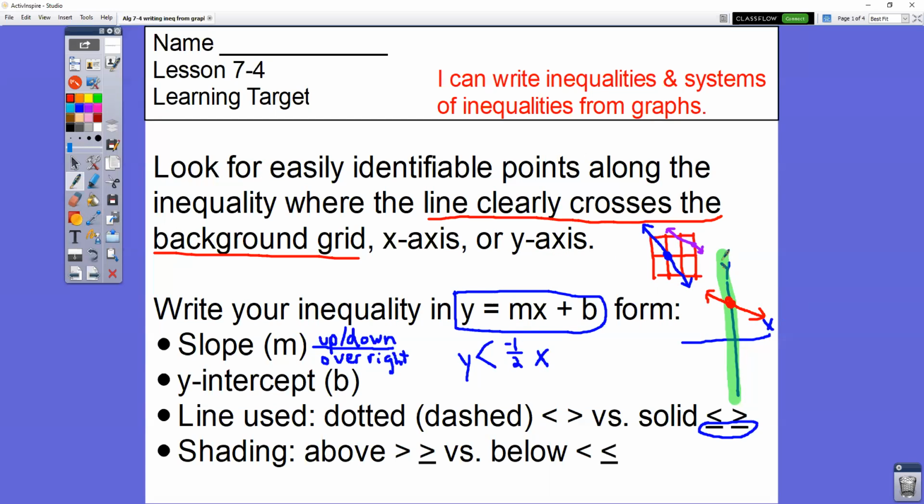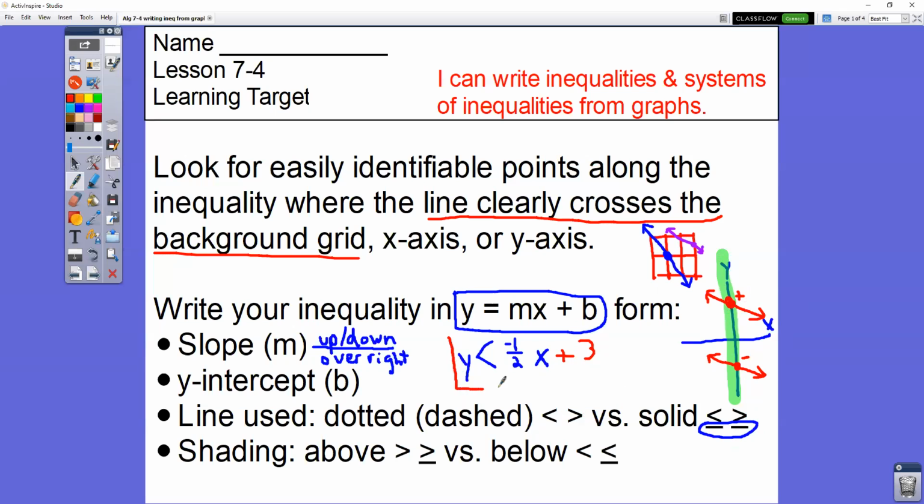It's where the line crosses the y-axis. It would be a positive number if it crossed right here, but if we had one down here, this would end up being a negative number. So you would end up having a plus sign for this one, but you'd end up having a minus sign like that one. So you might get something like +3, or you might get a -5, something like that.